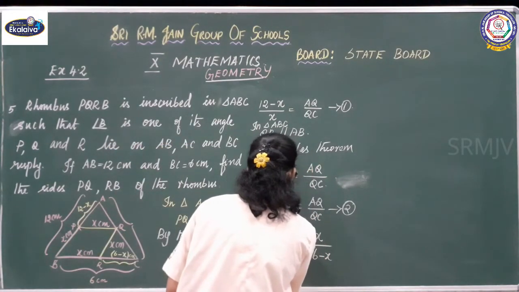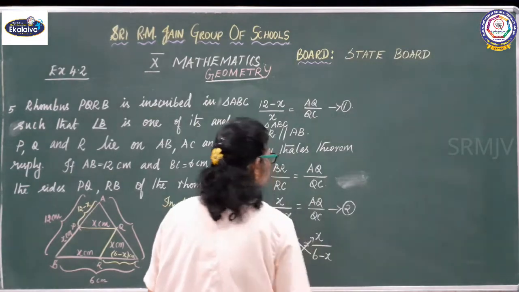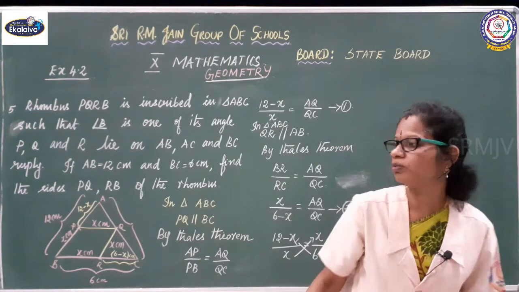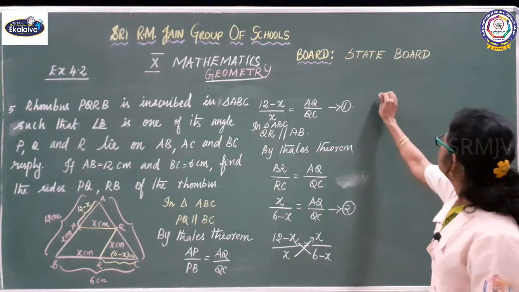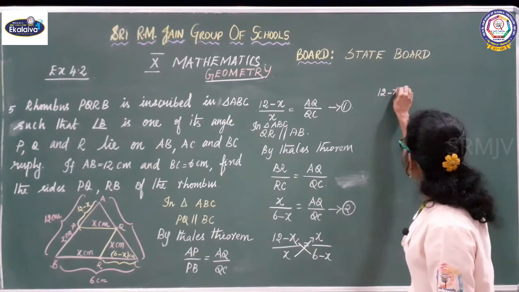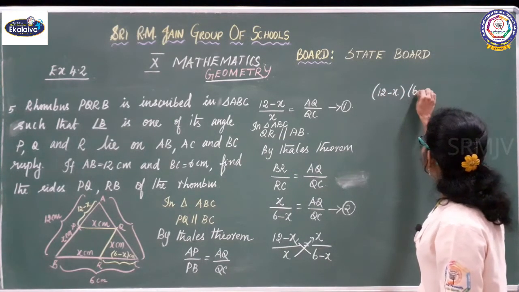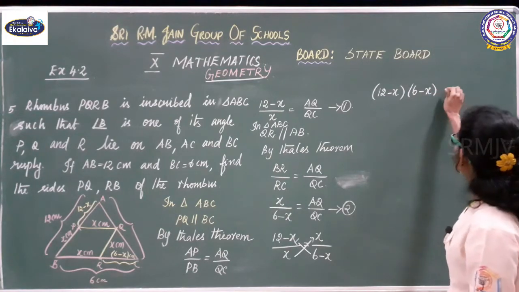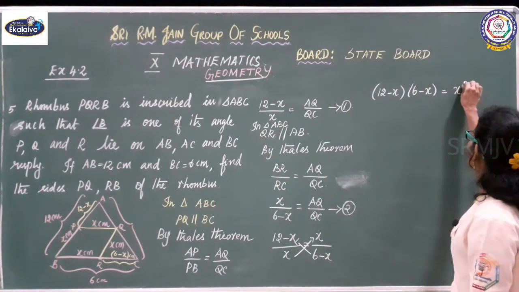Then you have to cross multiply. Got it, children? You have to cross multiply. 12 minus x into 6 minus x equal to x square.